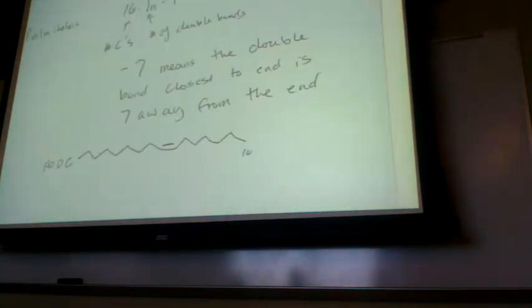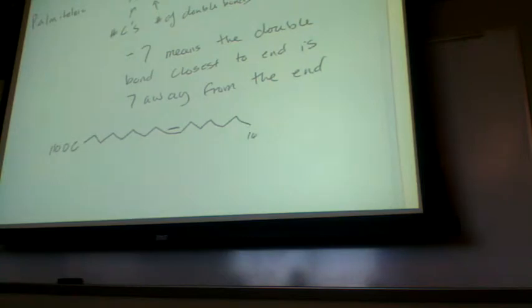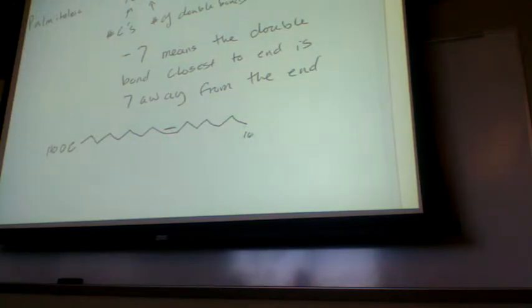So the original formula I gave you, where you say 16 minus 7 is carbon number 9, works just fine for one double bond, but it gets more complicated as soon as you put 2 of them in there, because it's actually giving you the position that is closest to the end. It's counted from the end, I guess.